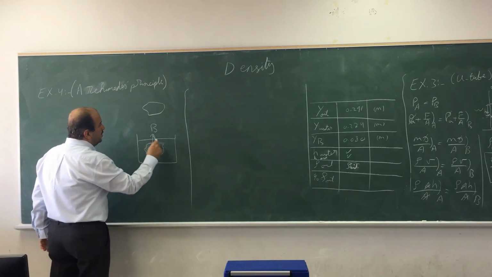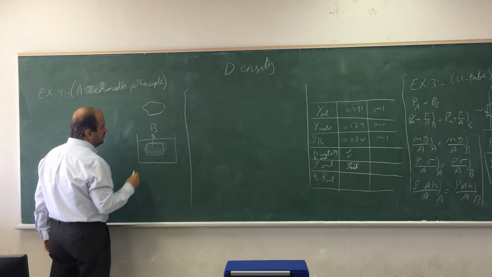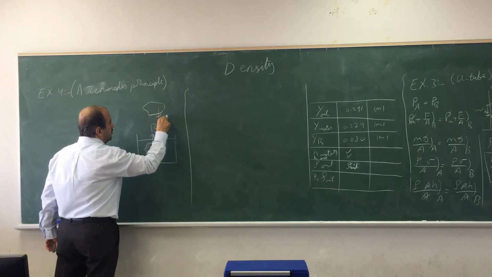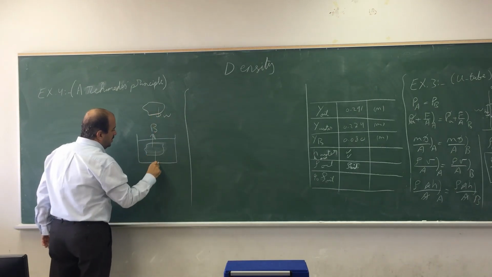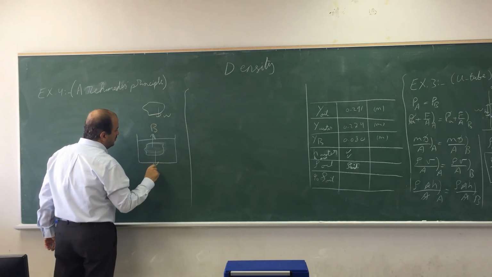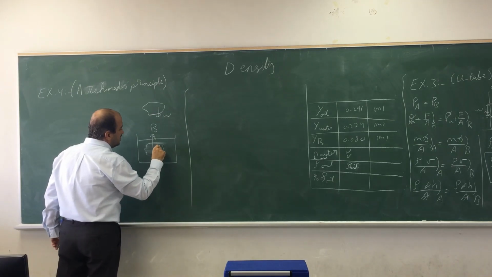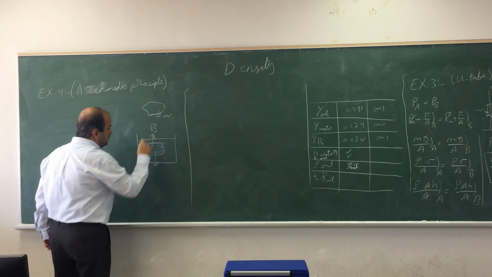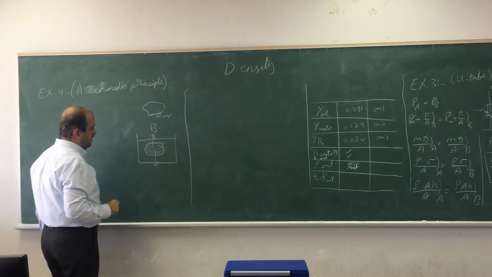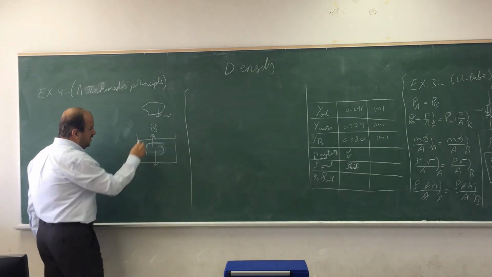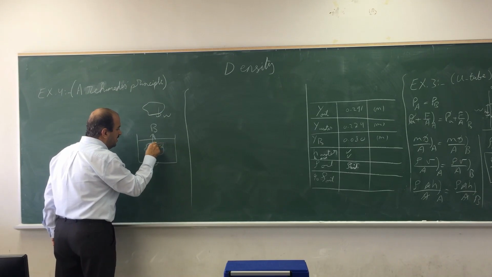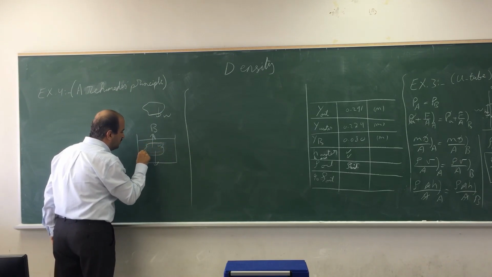When we put this object inside the fluid, the object has weight W. Now the weight of that object will appear as the apparent weight, because there is a pushing force upward according to Archimedes' principle, and this buoyant force equals the weight of the replaced fluid.